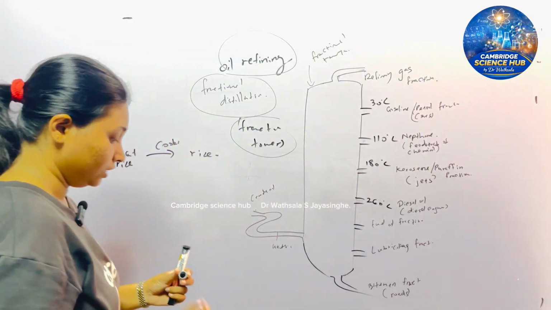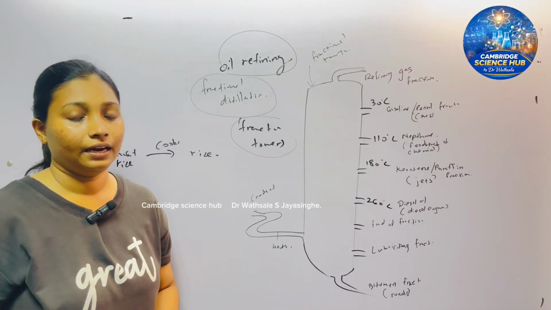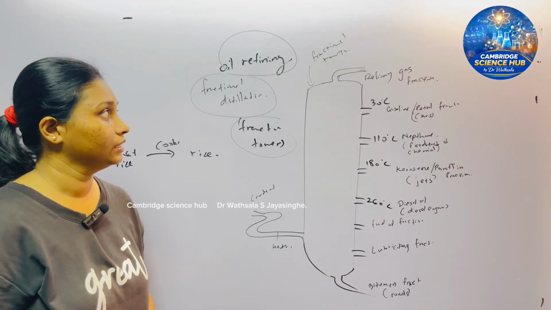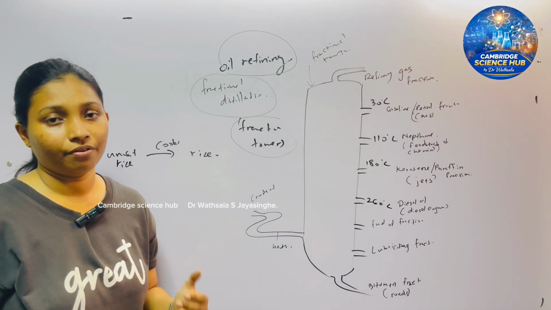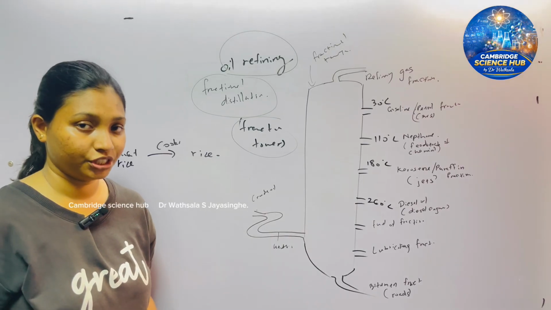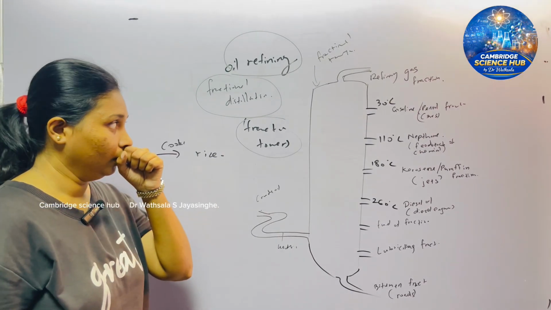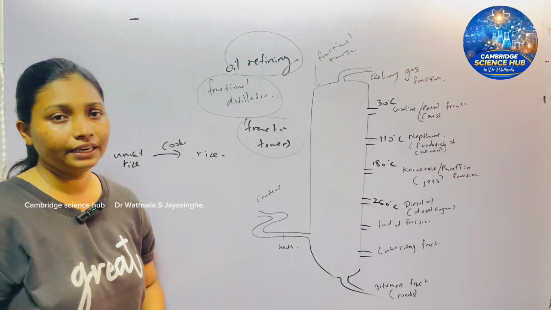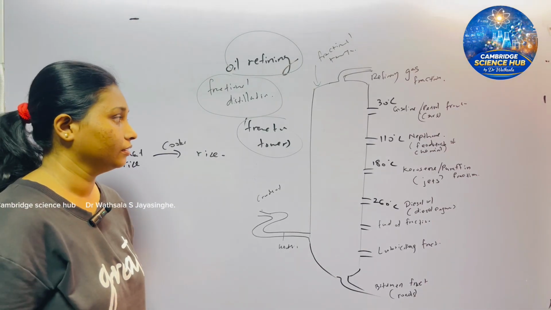So write down the next subtopic, oil refining. Under that, write down: separation of petroleum substances into different fractions is known as oil refining. The method is fractional distillation.